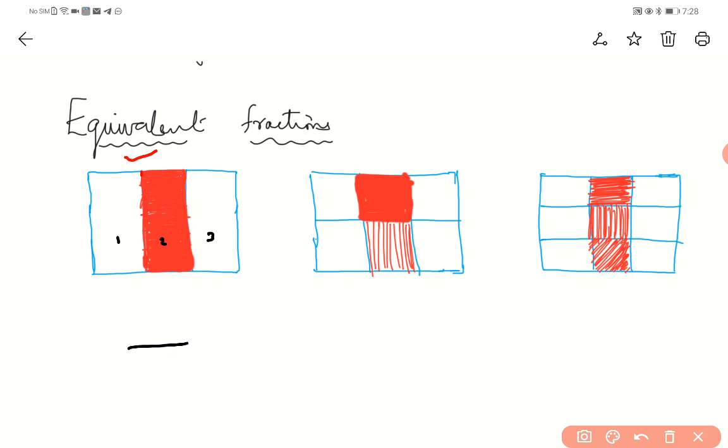So I will take the denominator as 3. But the used region is only the shaded one, which is the second one. So one region is used, so I will take this as 1. So this will be represented as the fraction 1 by 3.